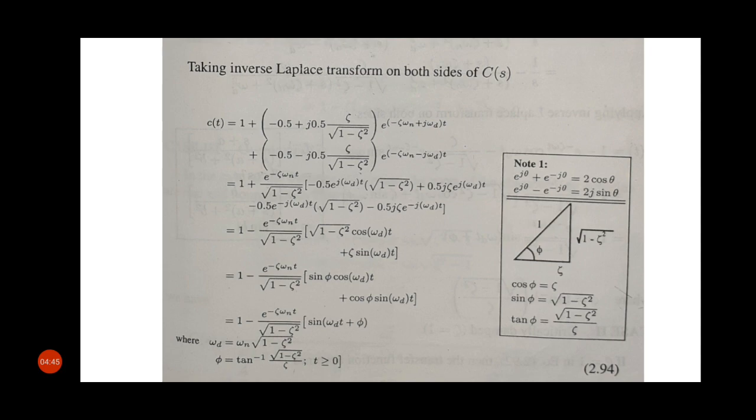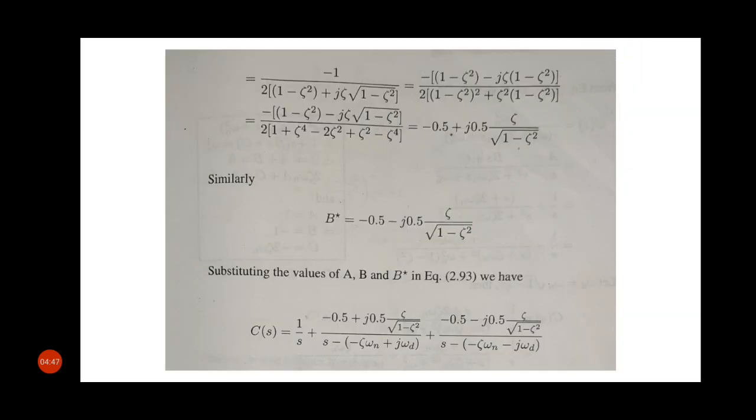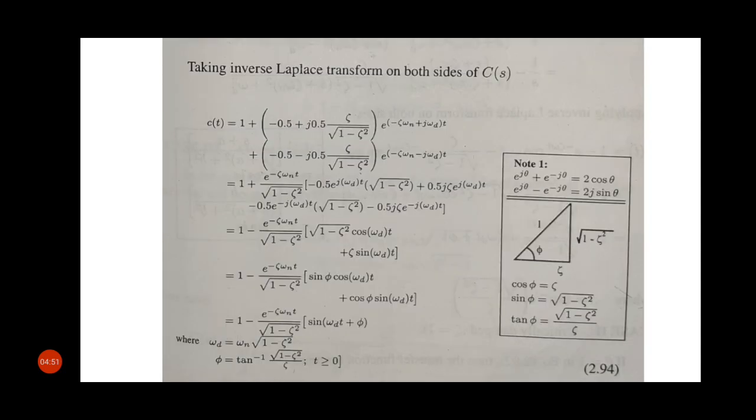After taking the inverse Laplace transform of C(s), we get c(t), which is equivalent to this. Here I will derive c(t). After simplifying this equation we get c(t) equal to this.